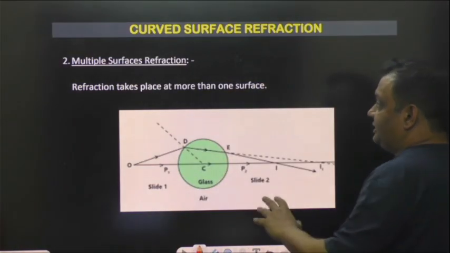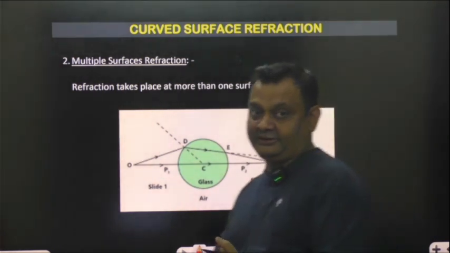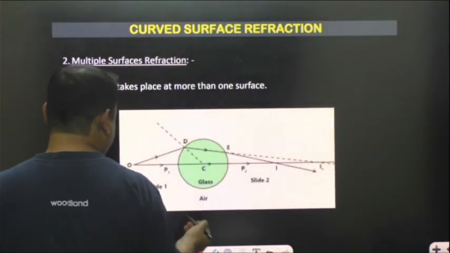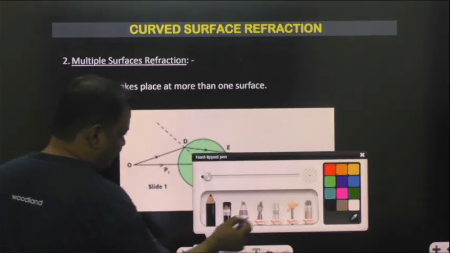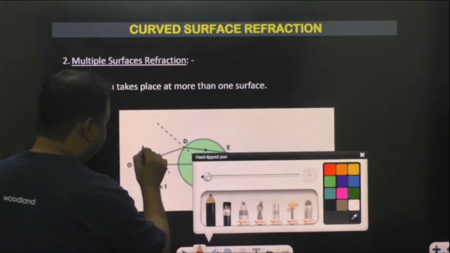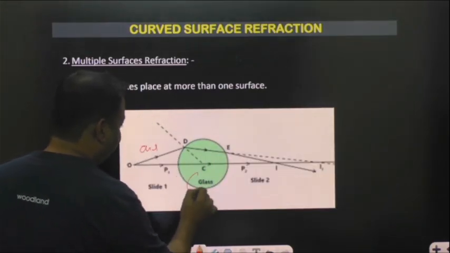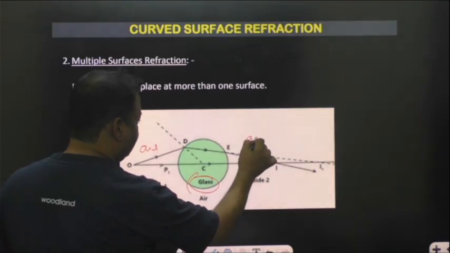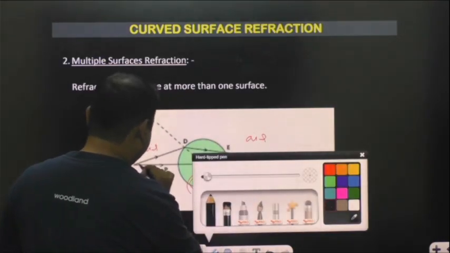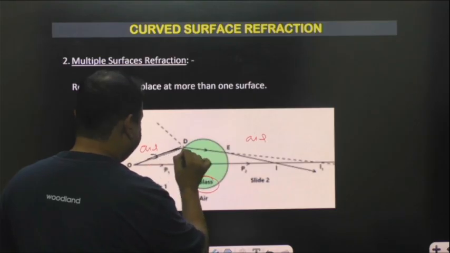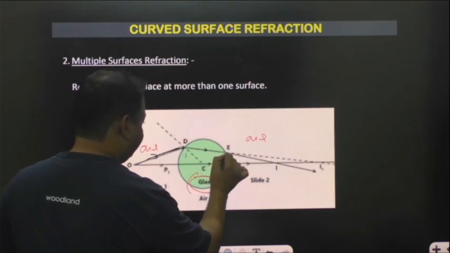After that we will see multiple surfaces refraction. Now in multiple surfaces refraction, what happens? There is refraction at more than one surface. If you see this figure, this is air, say this is glass, and again we have air. When the light comes, a ray of light is coming like this, and say this is point 1 and this is point 2.